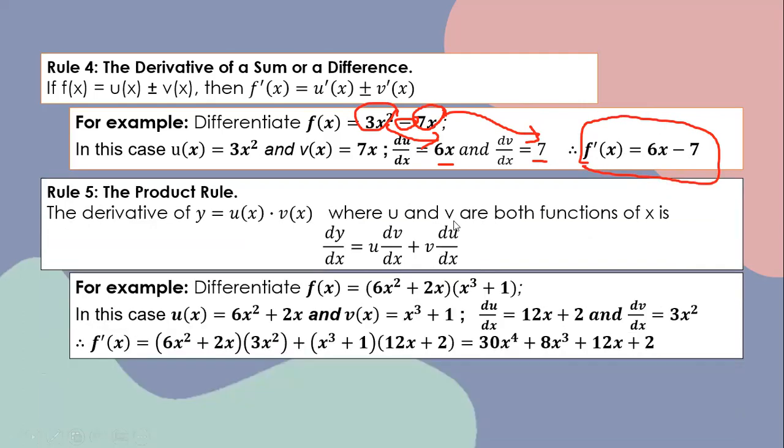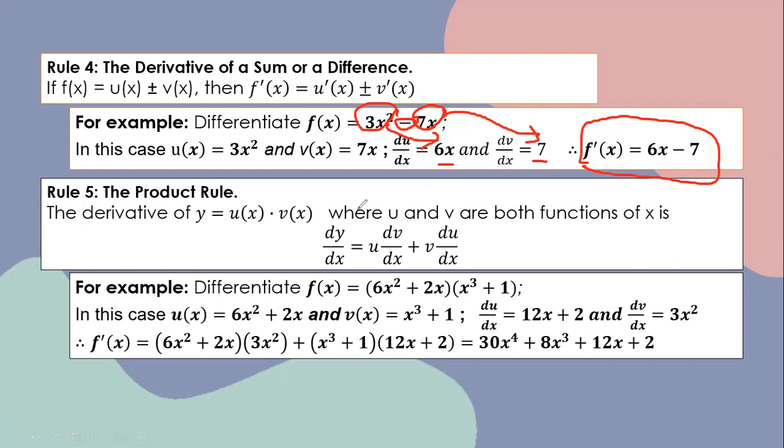Next rule, we have the product rule. Pag product naman, we have u of x times v of x. Okay, so the derivative is equal to u times the derivative of v with respect to x plus v times the derivative of u with respect to x. So anong ibig sabihin nun?